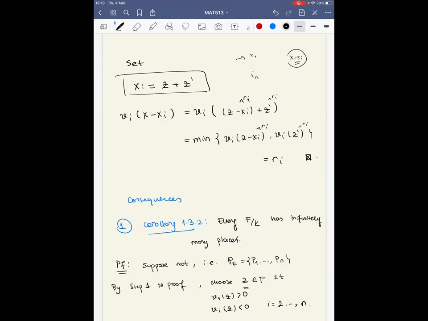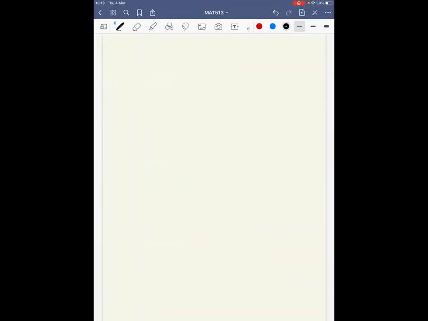Now, by using this function, let me set the function x as z plus 1. And here note that v1 of z is positive because we choose the z with respect to this property, and valuation of every constant is 0.